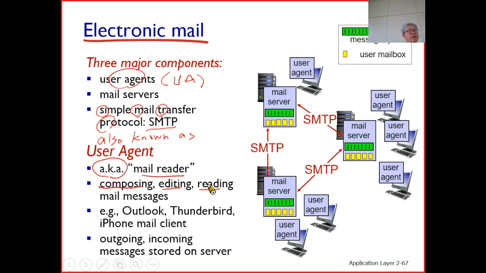For example, you can use Outlook, Thunderbird, or the iPhone mail client. All right, so we have a UA, mail server, and SMTP. And the SMTP we define later. We have the protocol among mail servers. All right, these are the three components.